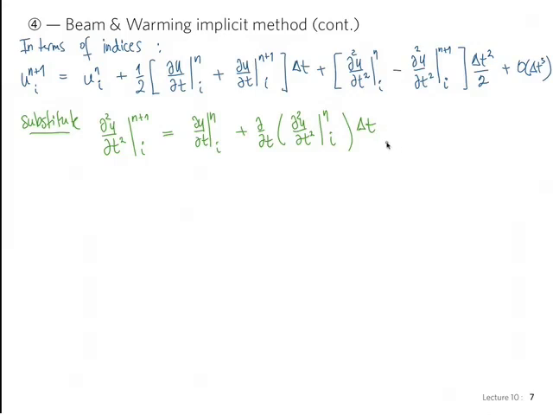Oh, sorry, should there be an extra half on the last one? So this is a 4. Okay, so this is delta t plus order delta t squared.